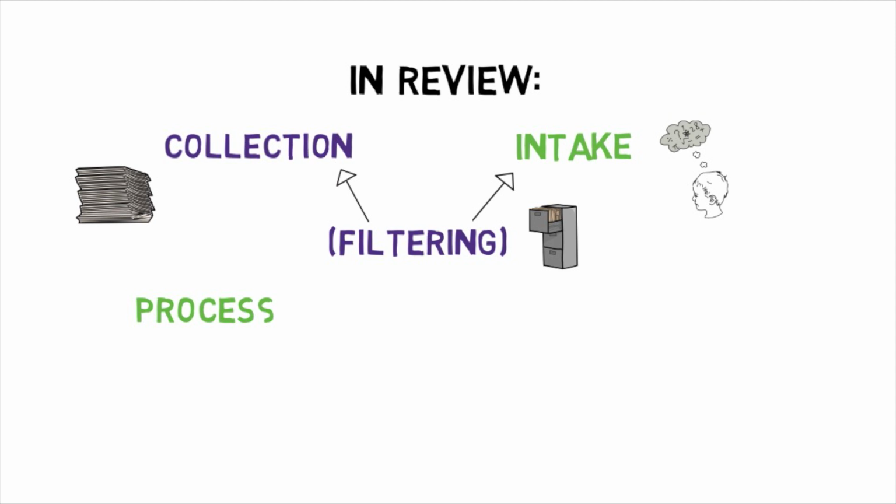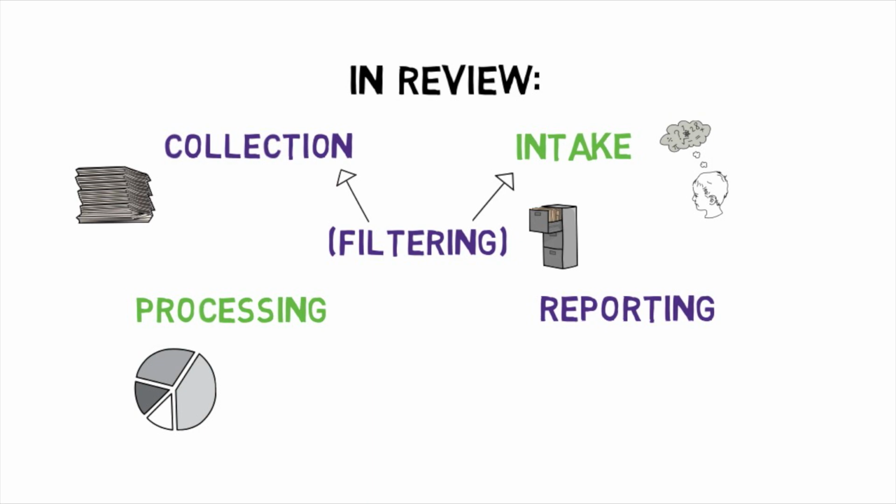In the processing step, we pull metadata and extract text in order to pull the individual elements from documents for use. Next, we come to the reporting stage, where we provide our clients and consultants with information in order to develop timelines for the rest of the process.